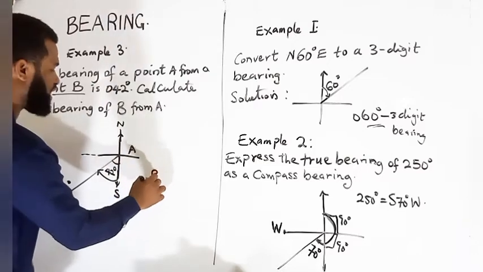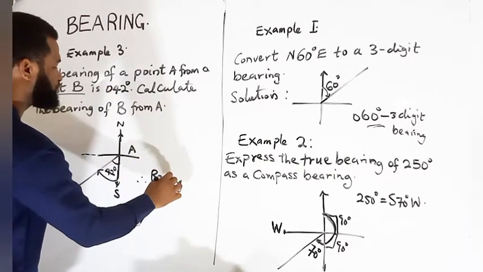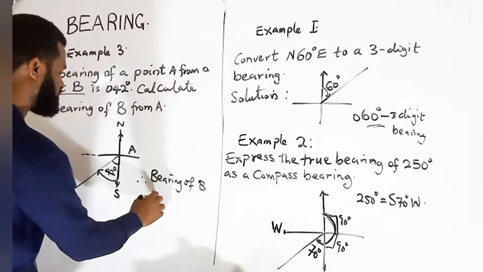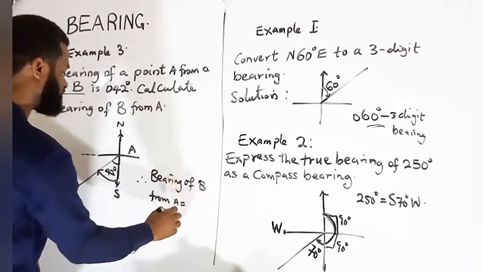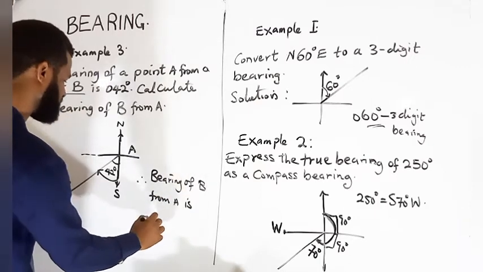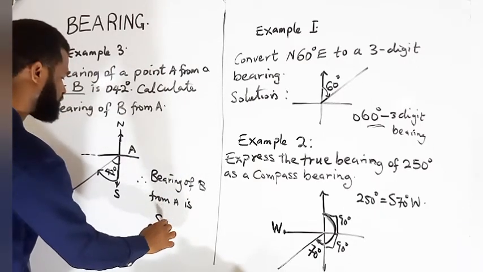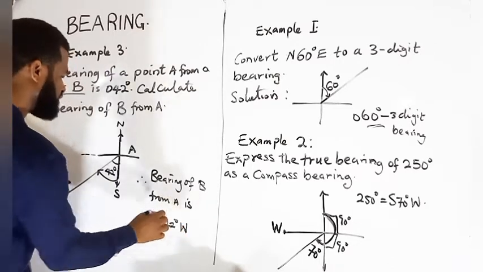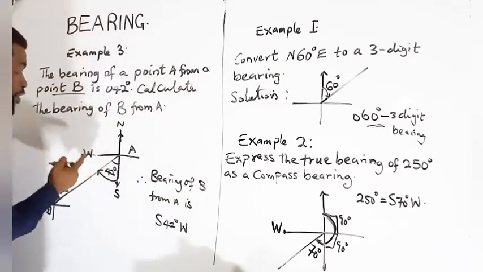Therefore, the bearing of B from A is south 42 degrees west, because this is west.